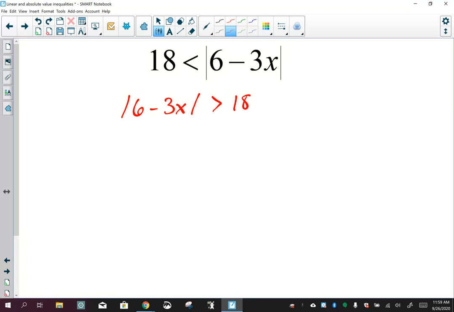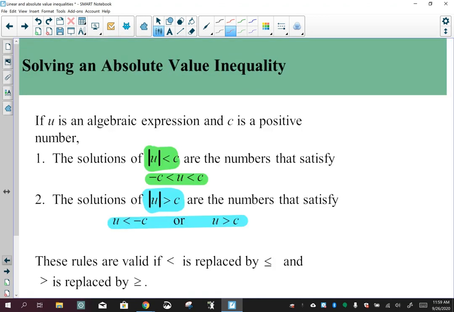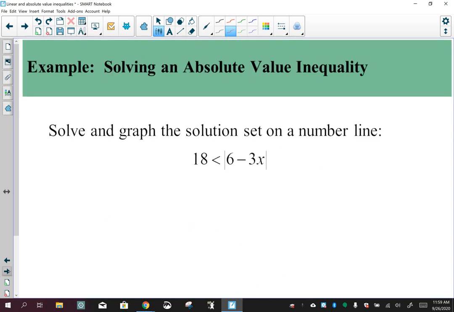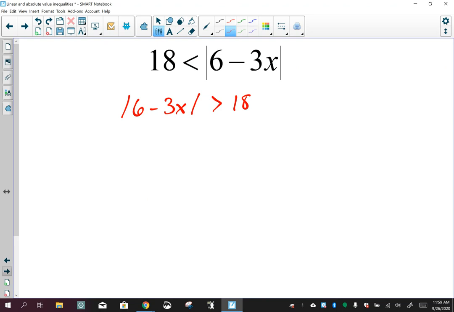And so now that I'm sitting here, I know I've got the greater than. So if I go back to my earlier piece, number 2 here says greater than. So I've got 2 specific things I've got to look at here. I'm going to look at when the right side is going to be negative, and I'm going to look at it the way it's written.